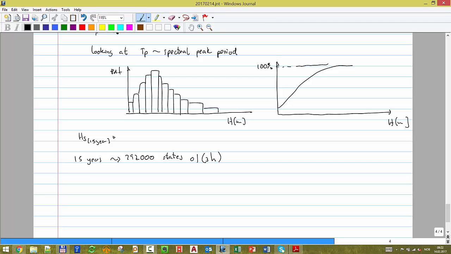So the 15-year wave is the one that occurs at least once in that period.